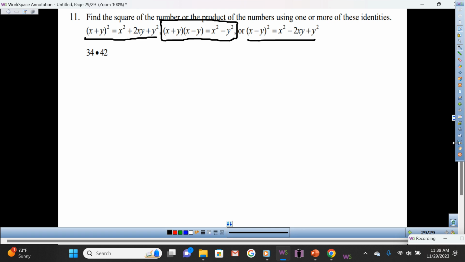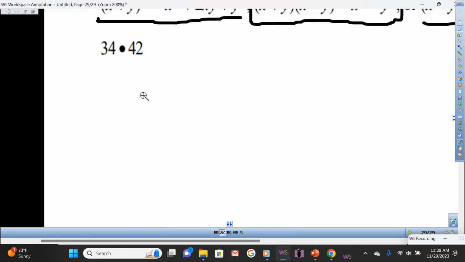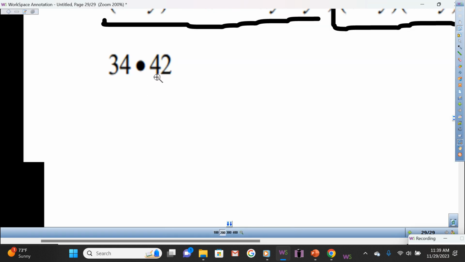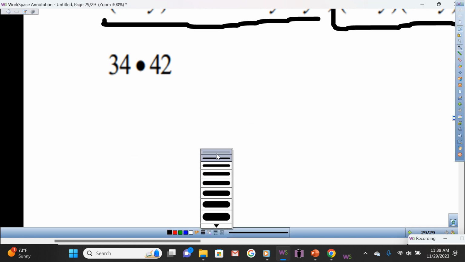So you're like, I don't remember this one. Well, here we go. Look up really quick. Whenever you get to these, when we have two different numbers multiplying, we first need to write them with the same number, at least to get started. So we need to write them as binomials.